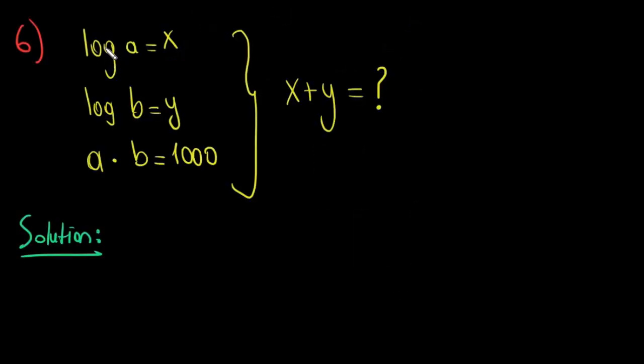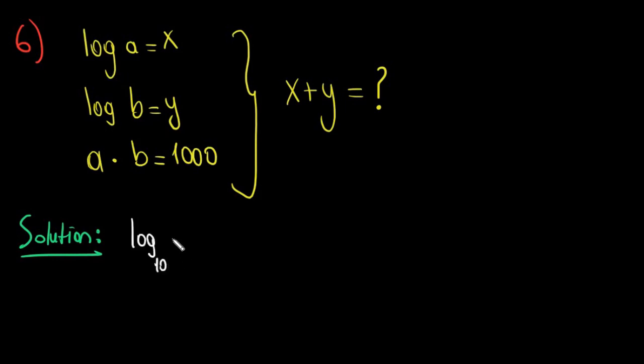Question number 6. Log a is equal to x and log b is equal to y, and a times b is equal to 1000, and x plus y is the question. First of all, as you can see here, the base is not specified, so we can say that this is actually base 10.